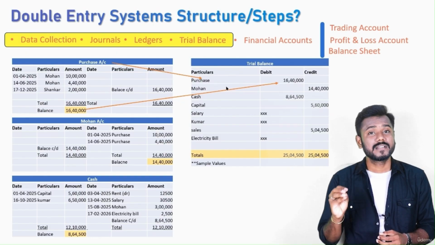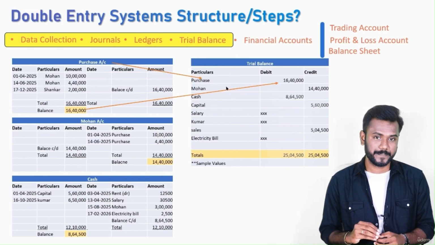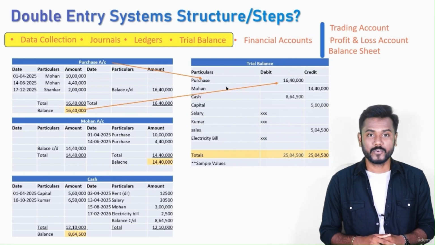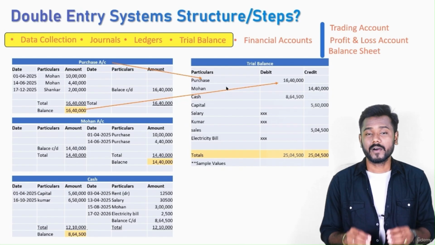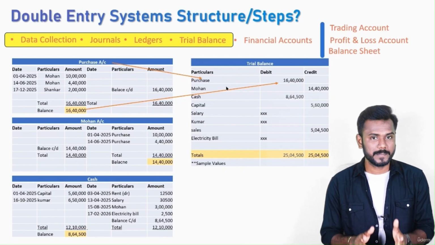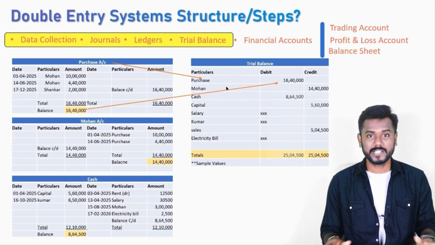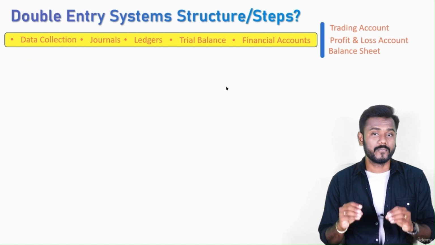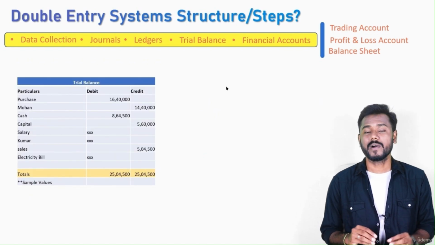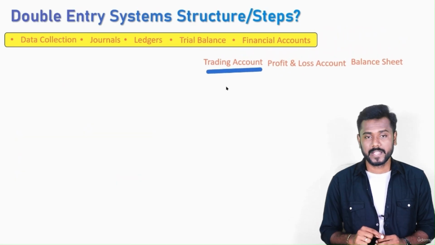The total trial balance debits should be equal to credits. Then you can validate yourself, and check whether the books of accounts you prepared are right or wrong. If total debits are equal to total credits, it means it is validated successfully, there are no mistakes in the data. Only after getting a valid trial balance are you allowed to prepare financial statements.